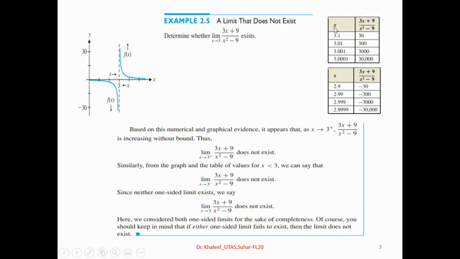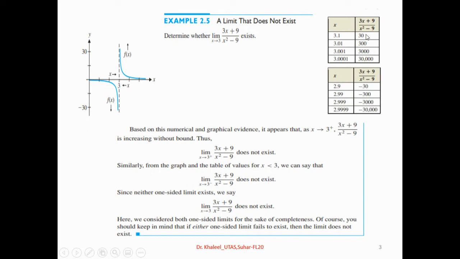first table. When x is given the values 3.1, that is close to 3, what is happening here? From the right side, the value of the function becomes 30, and suddenly it jumps, it increases, and it goes on increasing drastically. That means the values of f(x) are increasing without any limit.